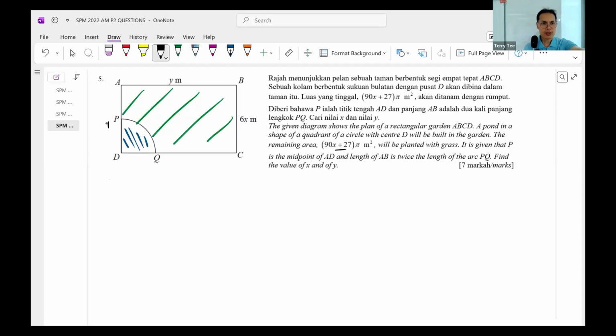Now they say this is a midpoint, so the length from here to here will be 3x. The radius is 3x.